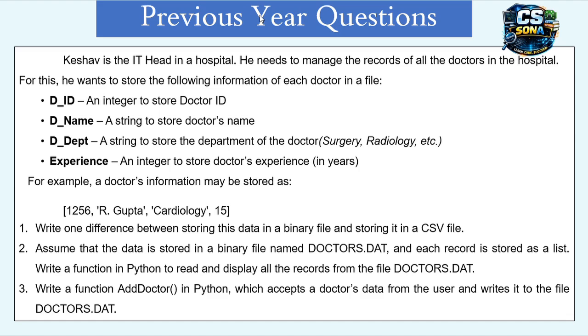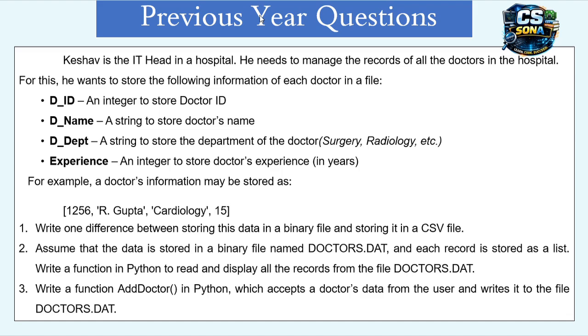Okay. Now the question is, write one difference between storing this data in a binary file and storing this data in a CSV file. So this is a theory question. So what is the one difference we can say? In a binary file, data is stored in zeros and ones in binary format. So if we open the file, it will not be in human readable form. But if we store data in a CSV file, data is stored in text format and it is human readable.